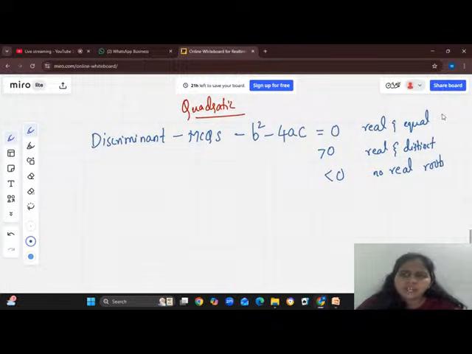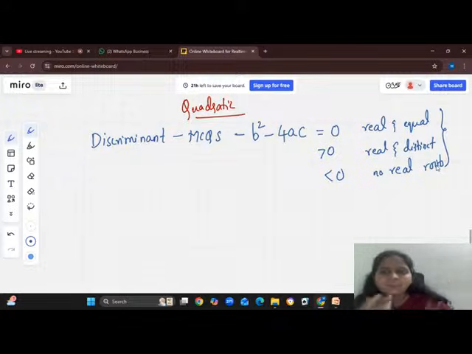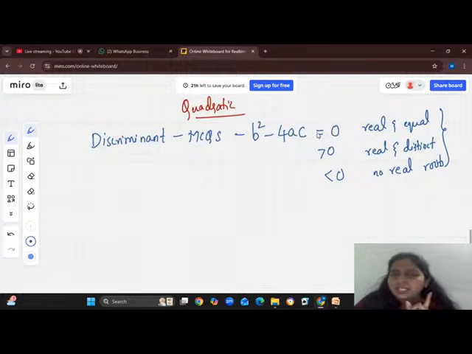So this is a very, very important question, very easy question, yet sometimes students out of their excitement, out of their anxiety, get confused between this. Just simple. Equal, you will get equal roots. Less than 0 means minus, so real roots will not come. When greater than 0, you will get real roots, but different roots.